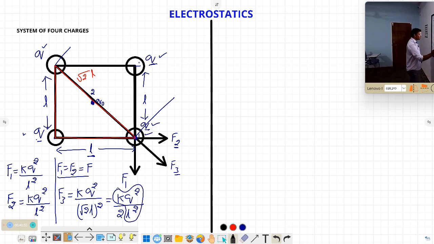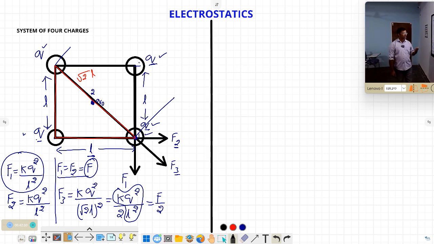We defined K into Q square by L square, if you see, either F1 or F2, that we called F. So I can write this simply as F by 2. So we got the three forces. That means I can write F1 is equal to F2 is equal to F, and F3 is equal to F by 2.